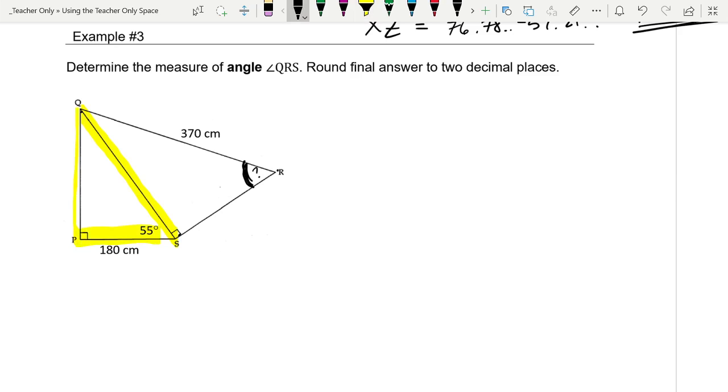If I am looking for this side, I'll call it side little p. What do I know about it? It is a hypotenuse, and this is an adjacent. Which one's adjacent to hypotenuse? Cosine. So the cosine of 55 degrees is the adjacent over the hypotenuse. D for denominator, D for divide.